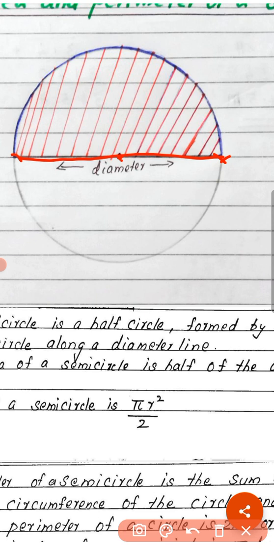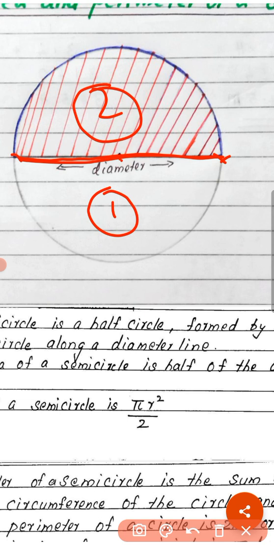The diameter divides this circle into two halves.